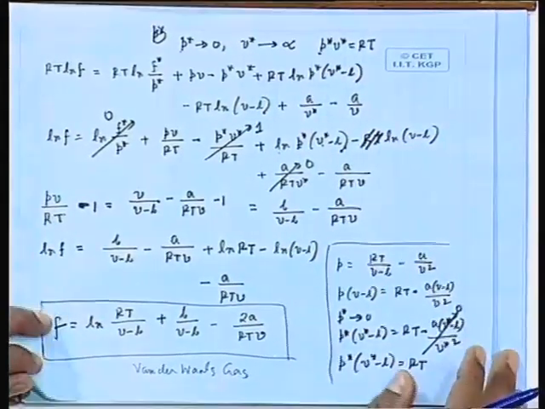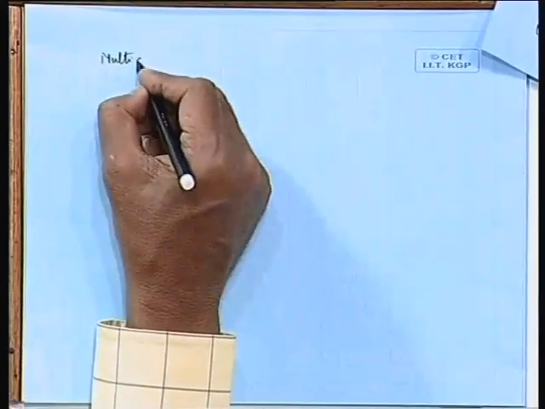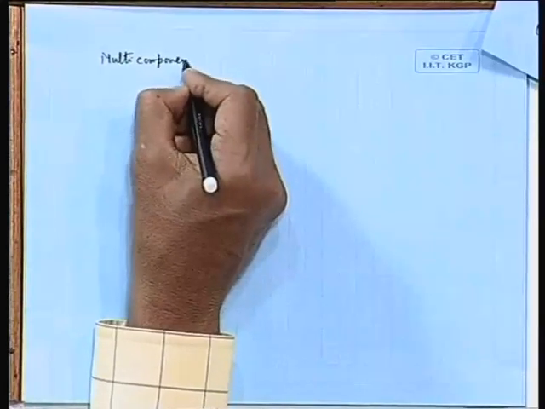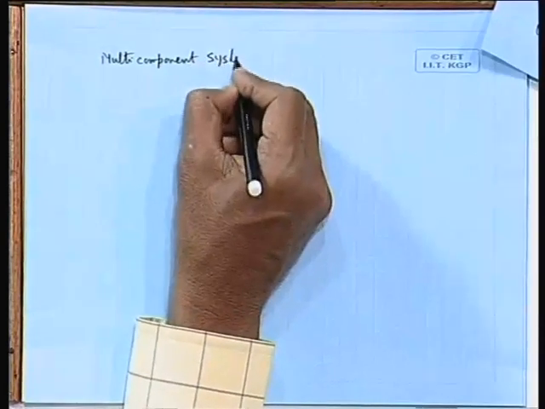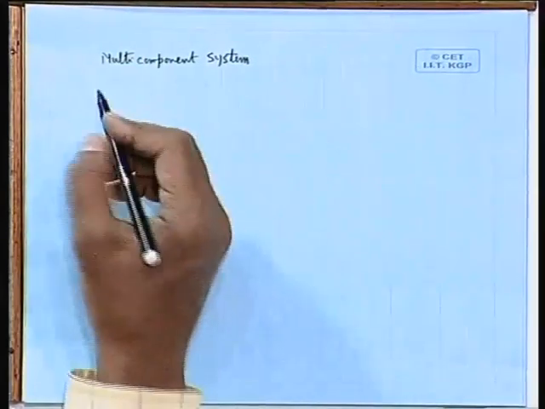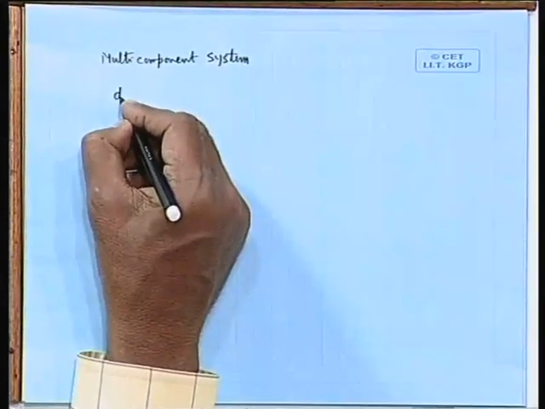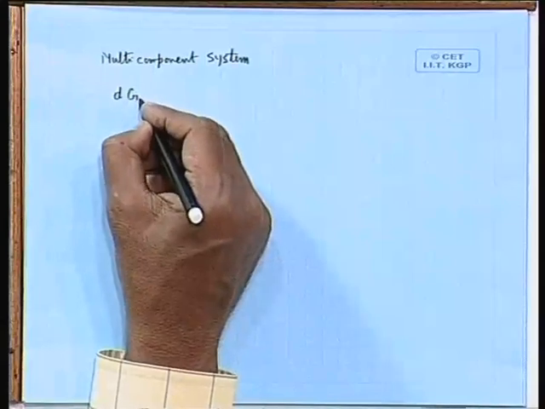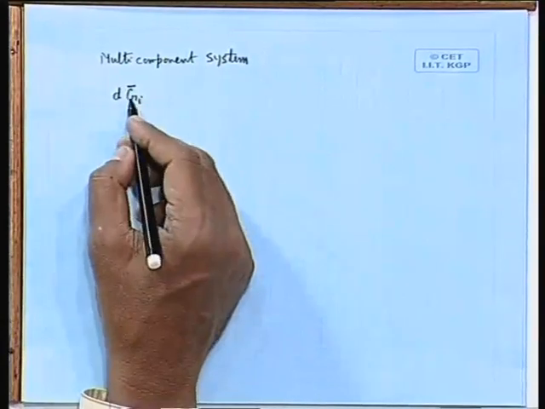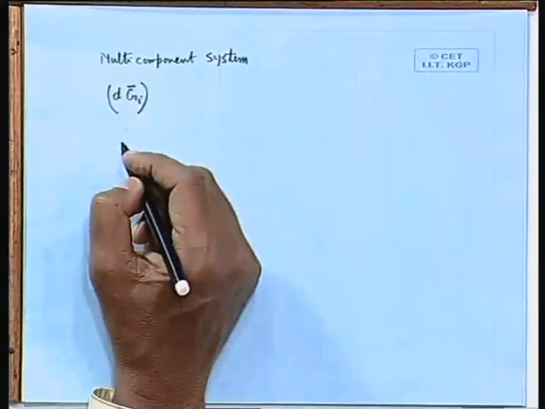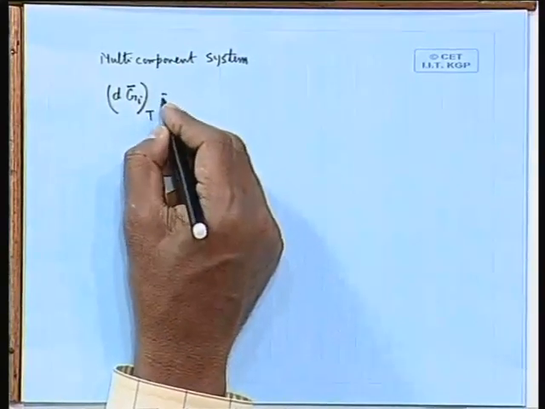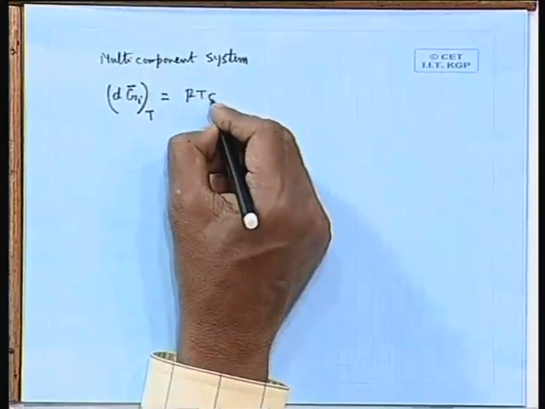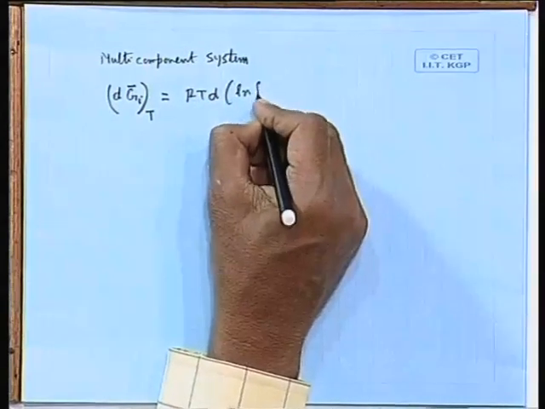Now we will go for a multi-component system. We will now see how to define fugacity for a multi-component system. For a multi-component system, we know that the partial molar Gibbs function at constant temperature is defined as RT d ln Fi.